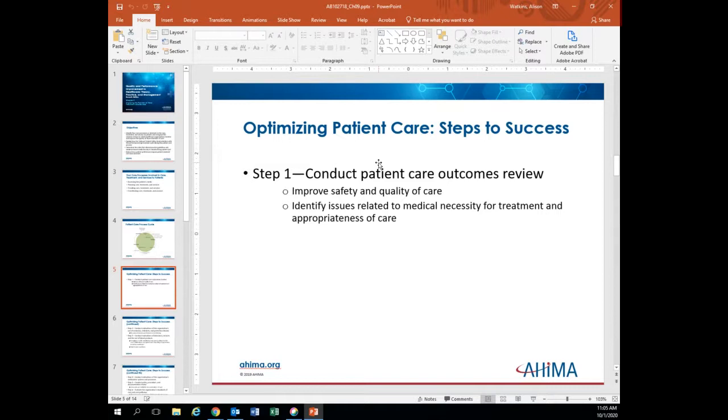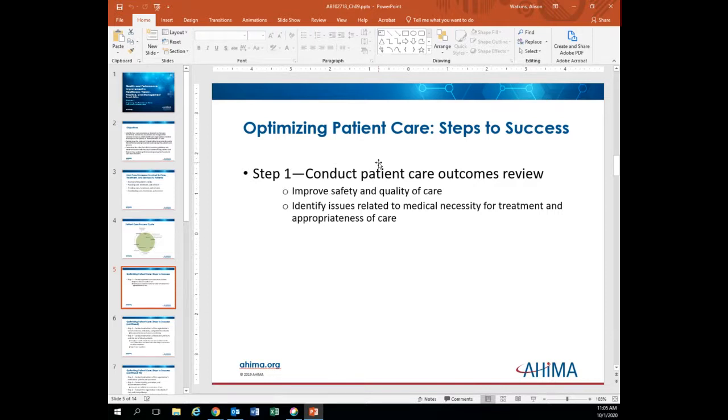So there are certain protocols that have to be followed to ensure that two patient identifiers must be used. You know, asking them questions, making sure that this is indeed the patient you anticipate you're about to give a medication to.